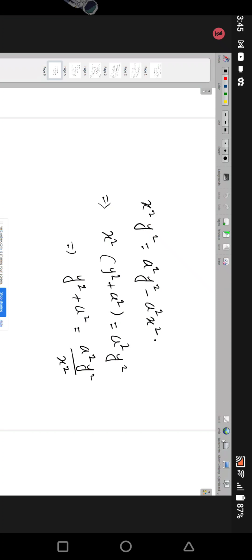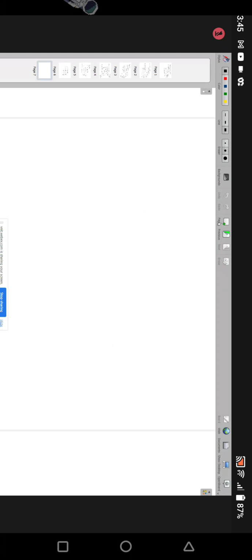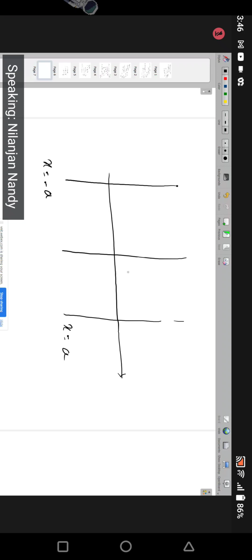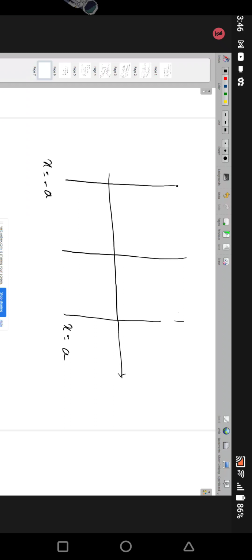To sketch the curve, we first need to find the corresponding asymptotes. The curve has two asymptotes parallel to y-axis. So the asymptotic nature will be there.